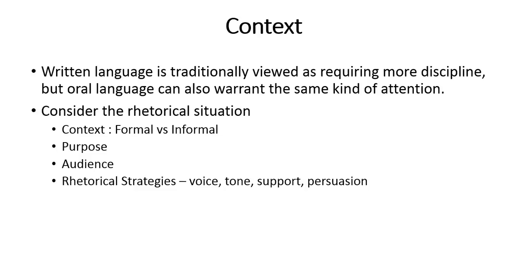Okay, so all of this is thinking about the context for your writing, whether it's formal or informal, and if it's academic writing, it should be formal. And why are you writing? That has to do with purpose, and for whom are you writing, your audience.